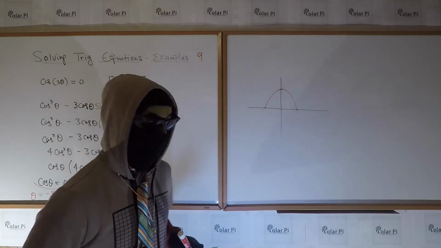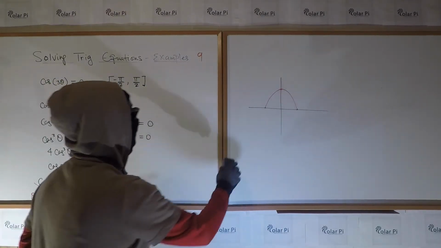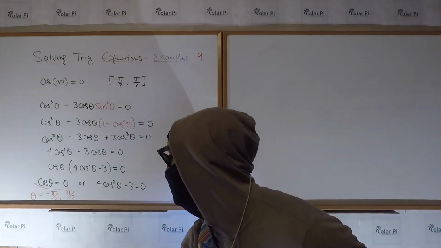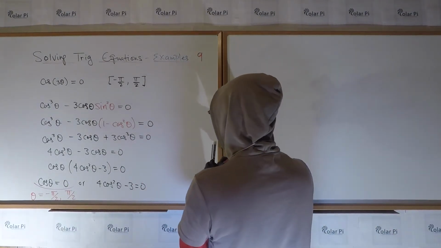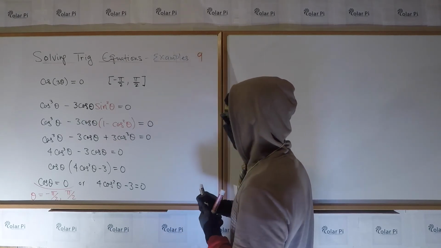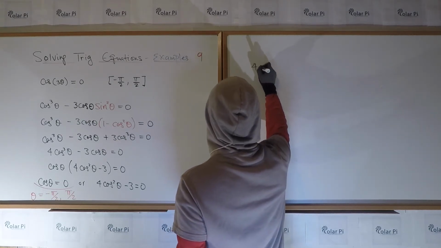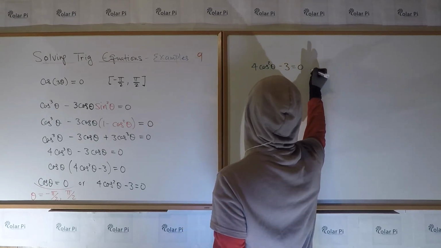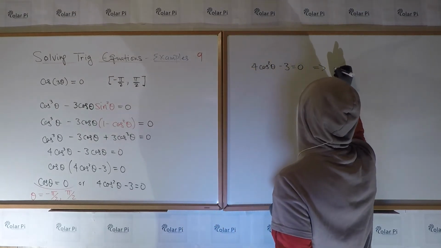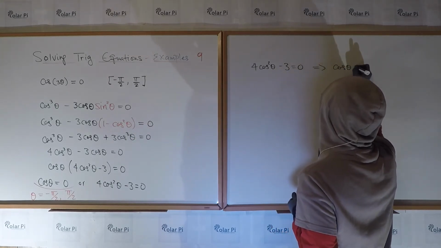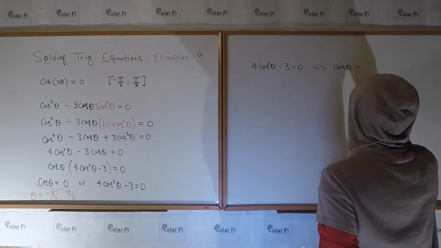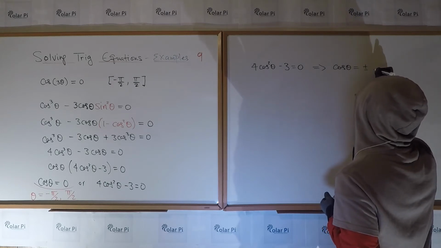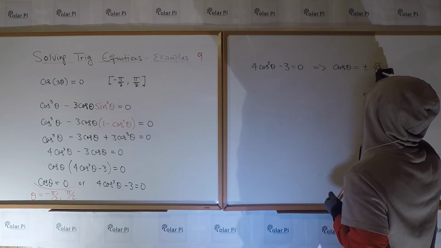And then for this equation, first we see that 4 cosine squared theta minus 3 equals 0 implies that cosine theta is equal to plus or minus the square root of 3 over 2.